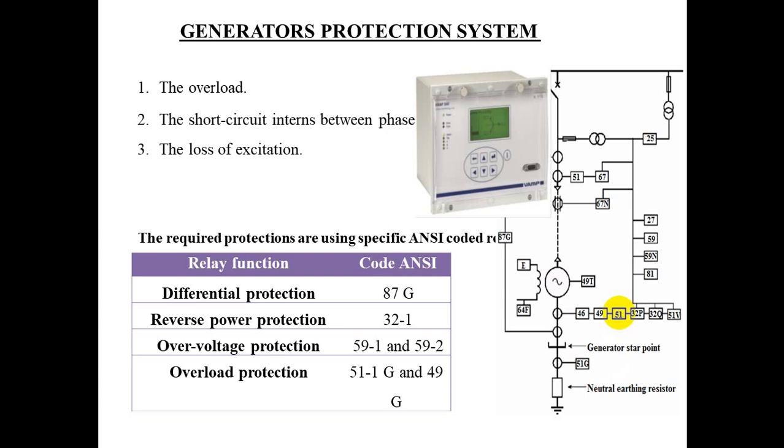It should be noted that no protective relay can prevent a fault. It only indicates it and minimizes the duration of the fault to prevent a high temperature rise in the generator. Otherwise, there may be permanent damage in it.